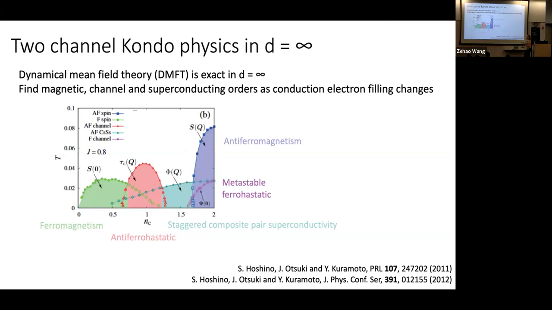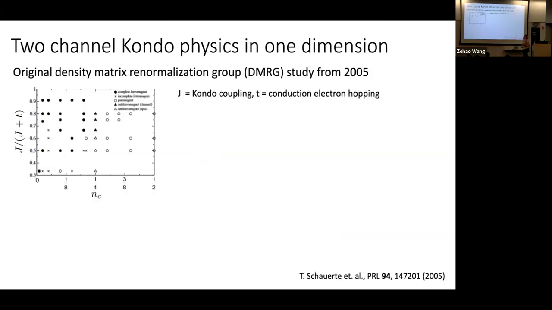All right, so we don't live in infinite dimensions. We also don't live in one dimension, but the idea is if you look at both of them and you have phases that exist in both, maybe those exist in 2 and 3 dimensions, which is what we're really interested in. So here I'm showing the original density matrix renormalization group study, which was done in 2005.